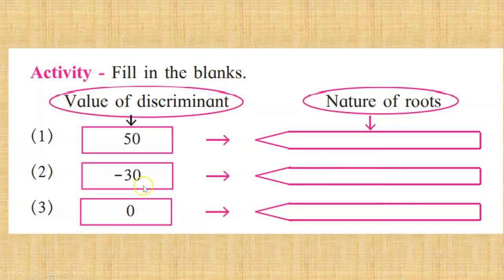Okay. Now we see this here. Fill in the blanks. Value of the discriminant is 50. Then nature of the roots. Its nature of the roots are real and unequal. We'll write here.